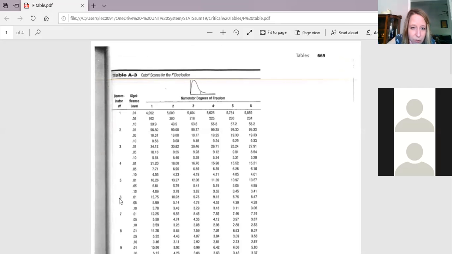So you find where 2 and 6 meet at the 0.05 level, and our critical value is 5.14. What you're looking to see is whether the F you calculated, 9.55, is greater than this critical value of 5.14, and it is. So yes, it's significant, and since it's significant, you reject your null hypothesis. That part's kind of the same as what we've been doing.